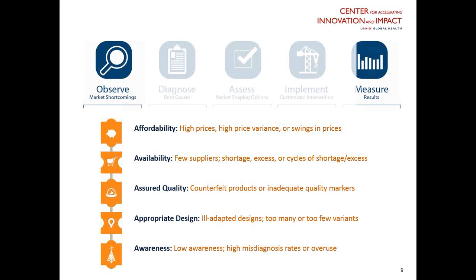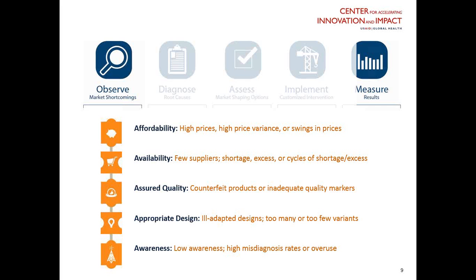The price could be too high, in availability, there could be a shortage or not enough. But the volatility within a characteristic can also be a problem. So for example, in availability, one year you might have too much supply, and the next year you might have too little. And this cycle of moving between shortages and excesses can be a problem as much as just having too little or too much in any single year.